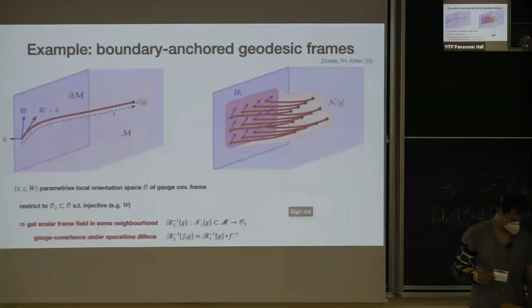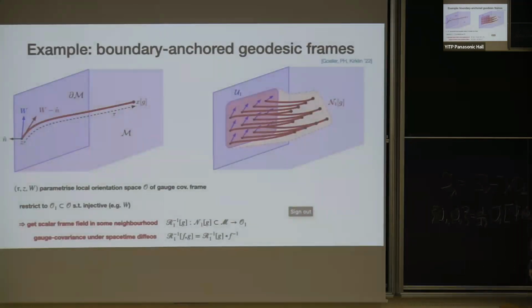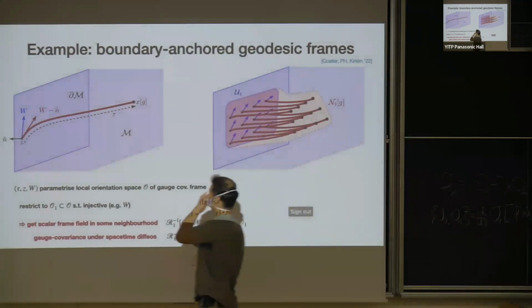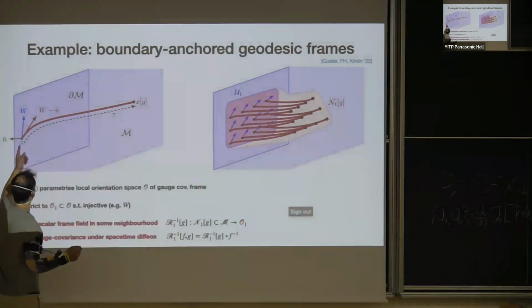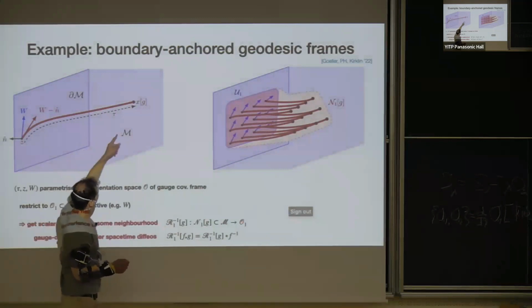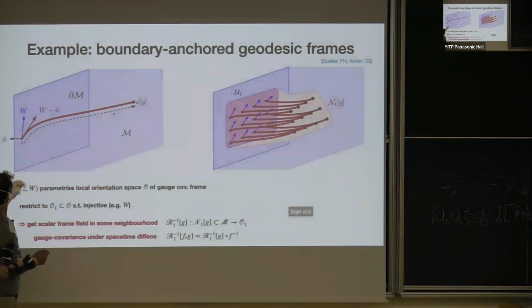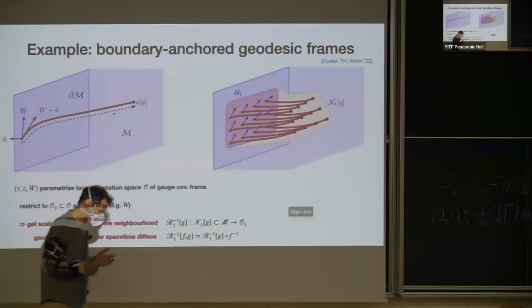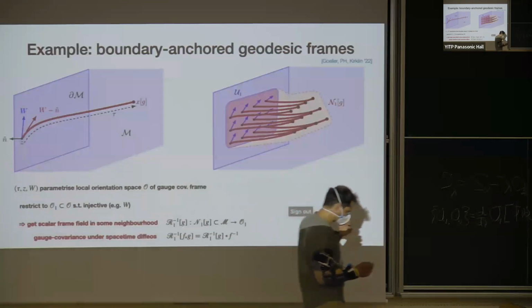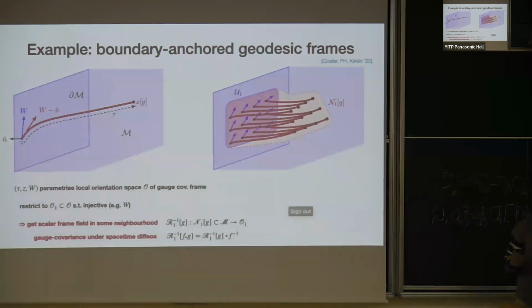Maybe I didn't explain it carefully enough, but for instance, this here gives you examples of that. These boundary anchored geodesics, when you address the bulk points, you describe them in terms of this boundary data: how far you shoot in a geodesic, what the boundary anchor points are, and the angle.